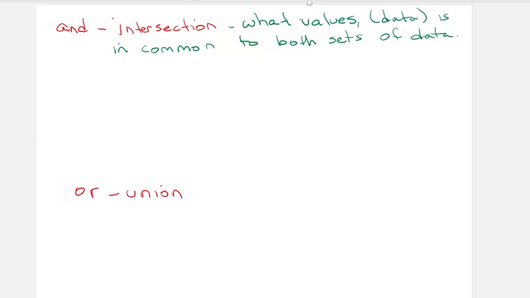So basically, what values or data is in common to both sets?